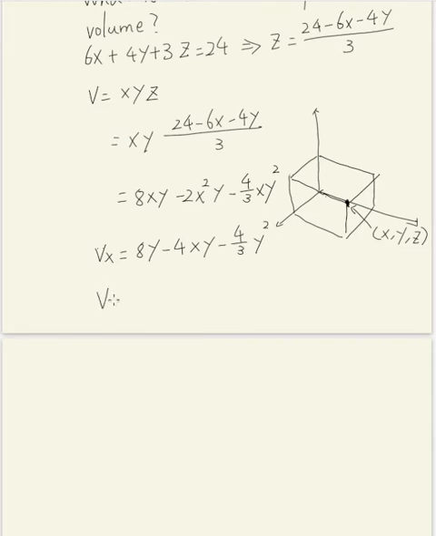And V partial y equals 8x minus 2x squared minus 8 over 3 xy. And they both equal 0.